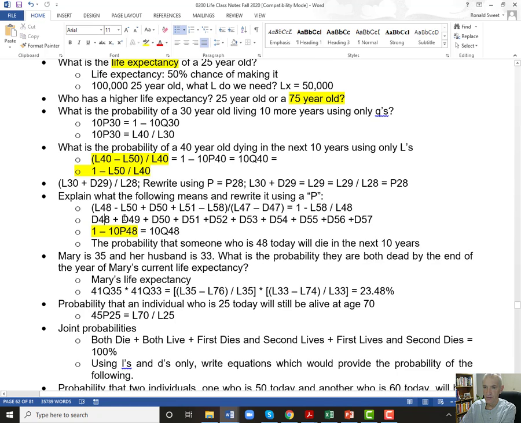There's 10 of them here: 1, 2, 3, 4, 5, 6, 7, 8, 9, 10. So 1 minus 10p48. So just getting you some practice. When you take L45 minus L50, that means D45, 46, 47, 48, 49, which is 5 years, but you do not include D50. This will be important when we do some of the more complicated pricing problems a little bit later.